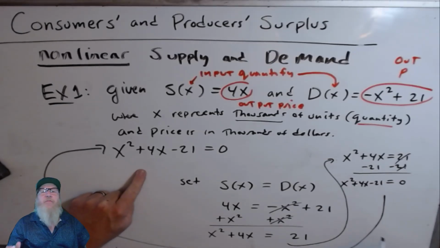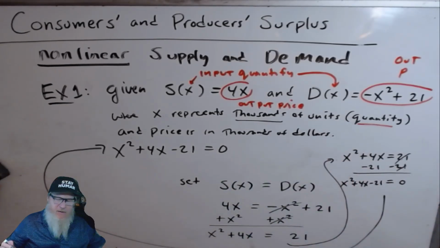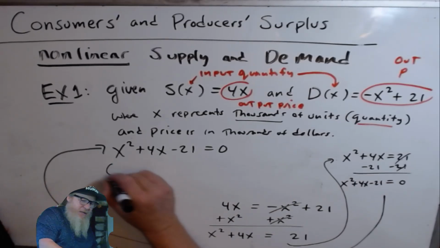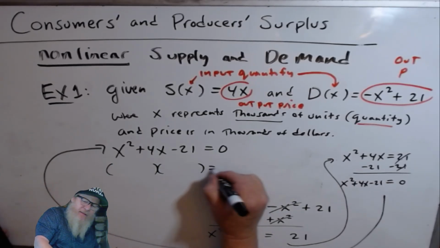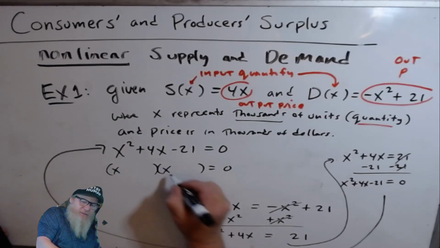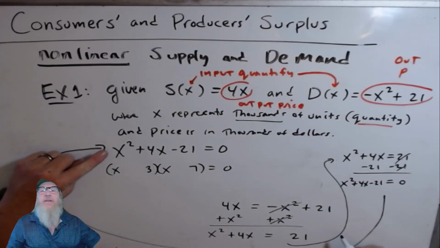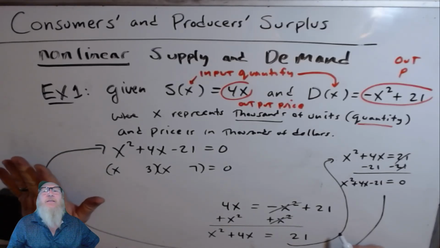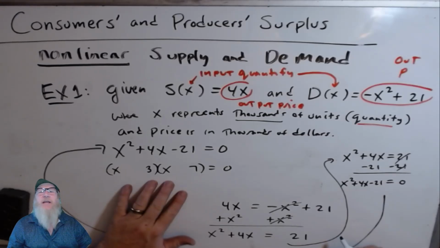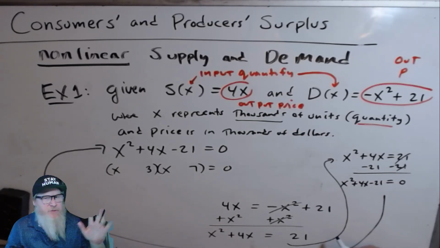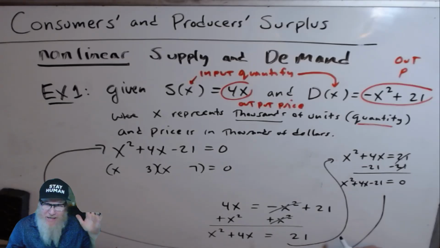So first we want to find the x value for the equilibrium. Now, if you can't factor this quickly, then don't waste much time on it, especially if this was on a test and your time is ticking away. Give yourself a minute, right? 1 minute to factor it out. If you can't do it in a minute, use some other method. Use a computer, use a calculator, use a recipe.